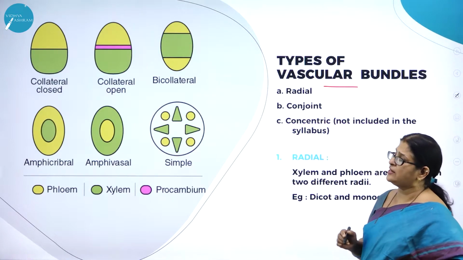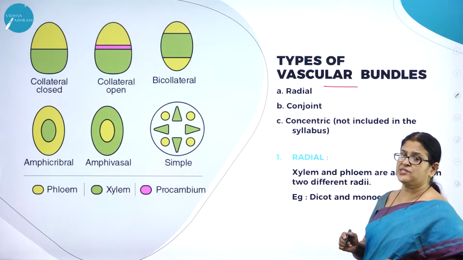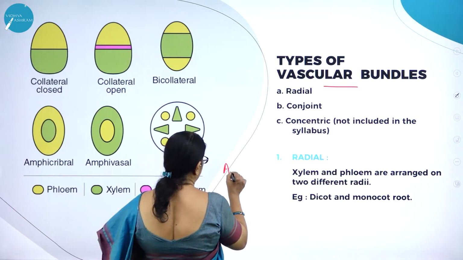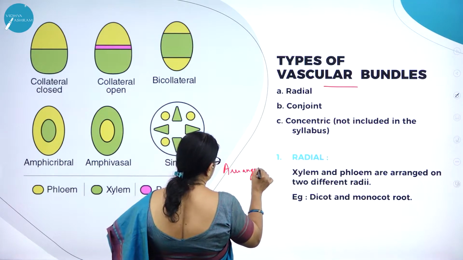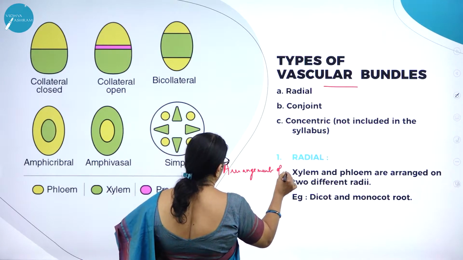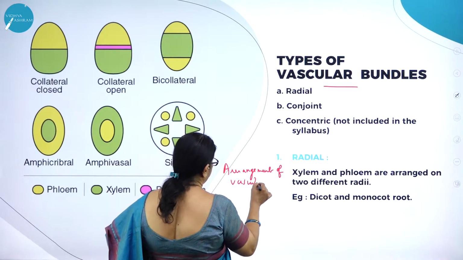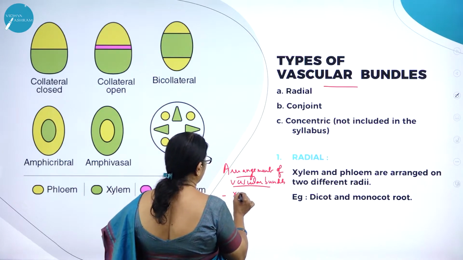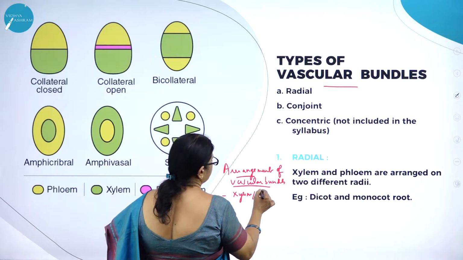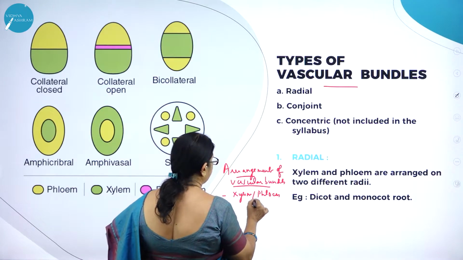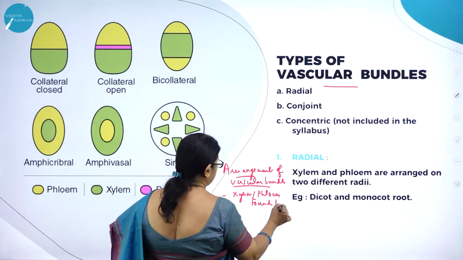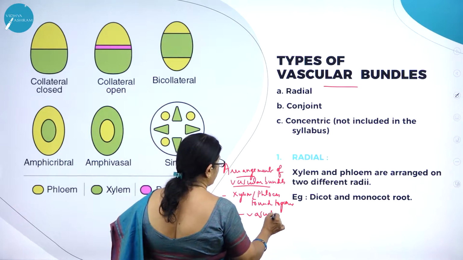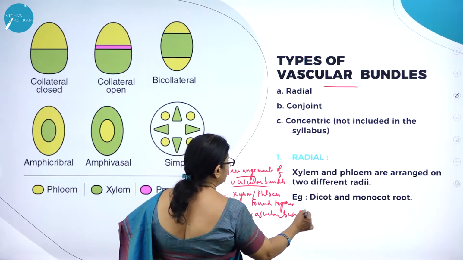As I said, when xylem and phloem are found together, it is called a vascular bundle, right? So here is the arrangement of vascular bundles. When xylem and phloem are found together, it is called a vascular bundle.